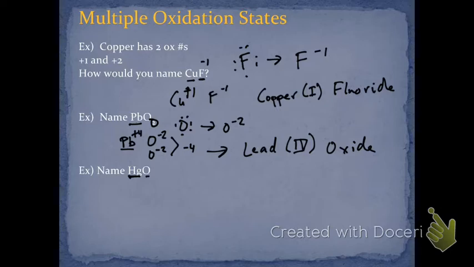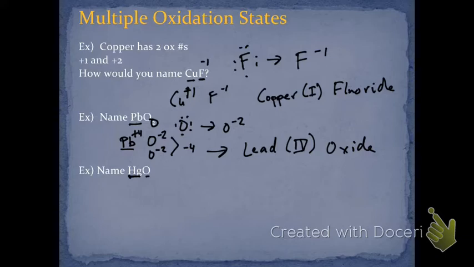So immediately I think, okay, we have to use Roman numerals, right? And that's something you always want to check, because if I give you an example where it's aluminum or something in group 1, 2, or 3, there's no need for a Roman numeral because they all have one oxidation number. The reason why we need Roman numerals is because they have multiple oxidation numbers. You need to know which type of lead you're working with. There's lead 4 and there's also lead 2.